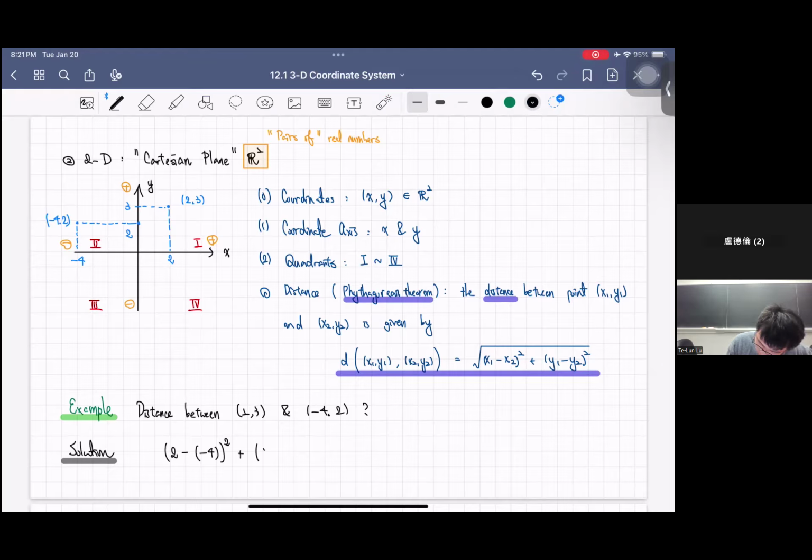Add that up with (3 minus 2) squared, and then take square roots. In particular, the first quantity will be 2 minus (-4), which is 6. You get 36 plus 1. And eventually, you get root 37, approximately 6, as the distance between (2, 3) and (-4, 2).